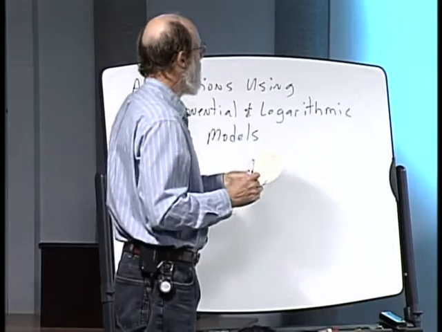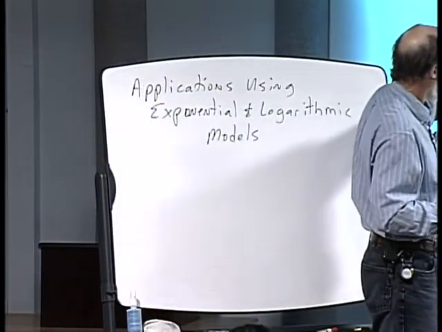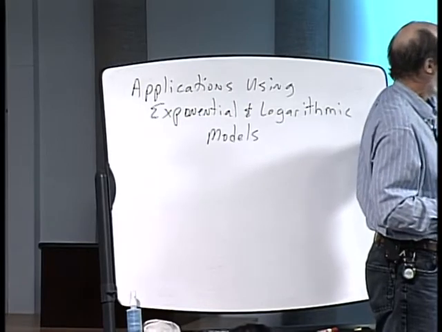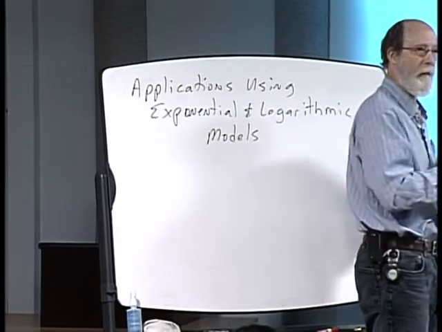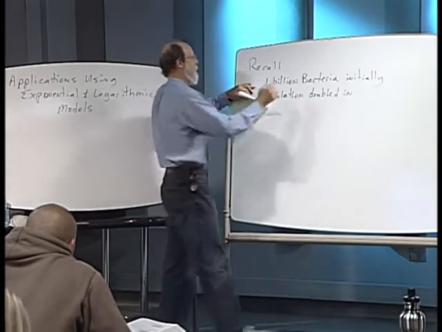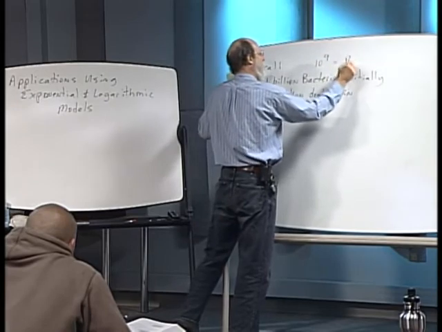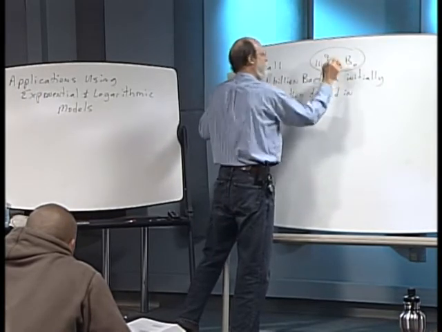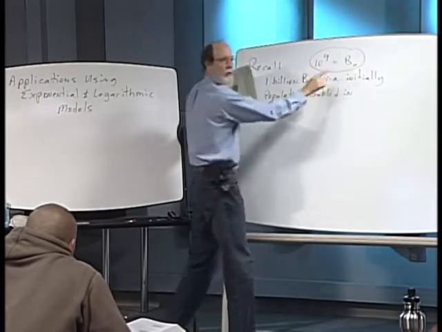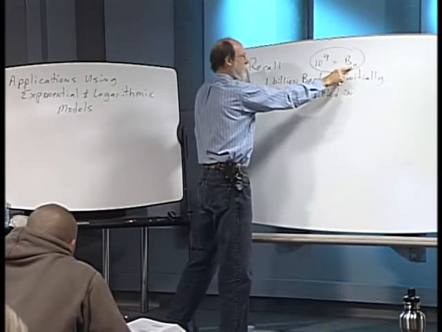Okay? So let's go back here to this problem we had the last session. We had 1 billion bacteria, and remember that's 1,000 million bacteria. So it's 10 to the 9th initially, and that I'm going to label as the initial population of bacteria. Oftentimes, for an initial value, we use a little subscript with a little 0 there.